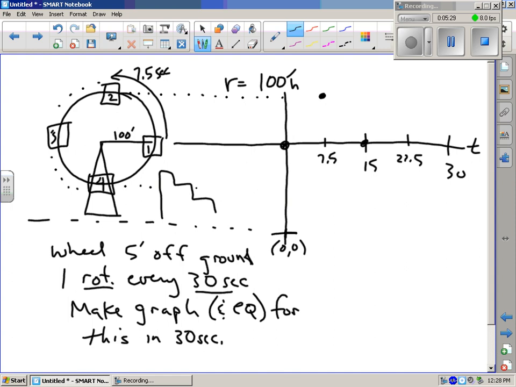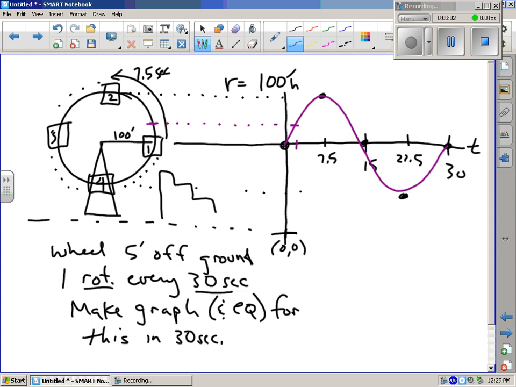I am down here at 22.5. And then back at 30 seconds, we're back at the first bucket, so we're at this height. So if I connect these dots, that tells the height. After a short amount of time, maybe only 2 seconds, I might only be at this height. So this graph tells you the height after so many seconds.